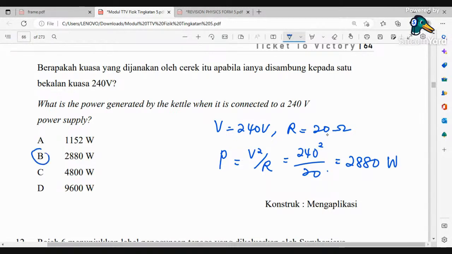Okay, 2880 watt. Ini hanya formula saja, it's very direct.